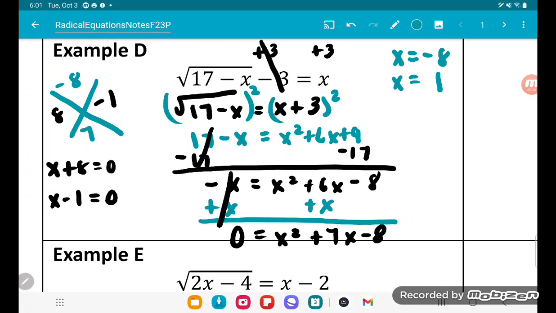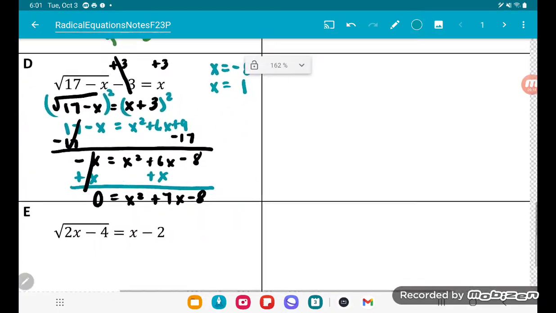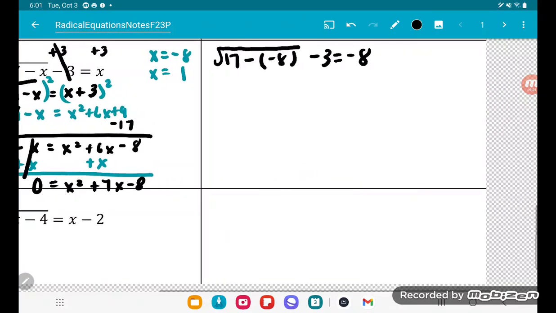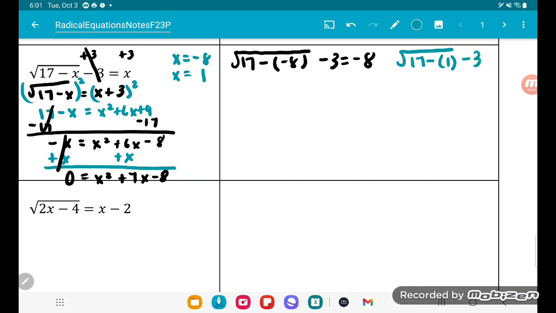Now the question is, do both of these numbers work to solve this equation? Under the radical, 17 minus a negative 8 minus 3 equals negative 8. Your second setup is square root 17 minus 1 minus 3 equals 1.